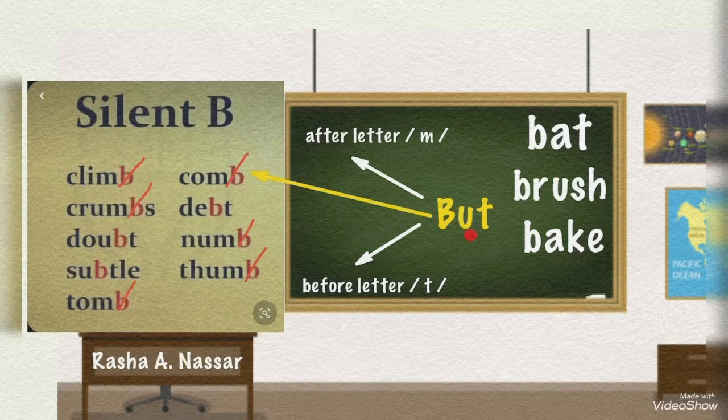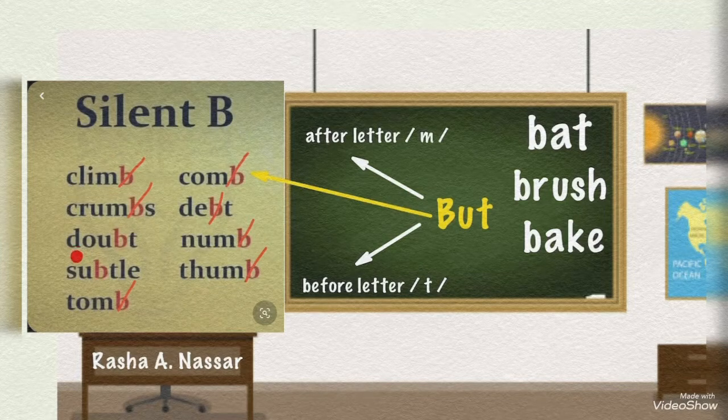And if letter B comes before letter T, it will be a silent letter. I will not read letter B, as in the word debt. It comes before letter T. So when it comes before letter T, it will be silent B. Debt.